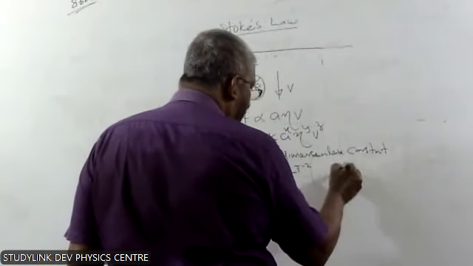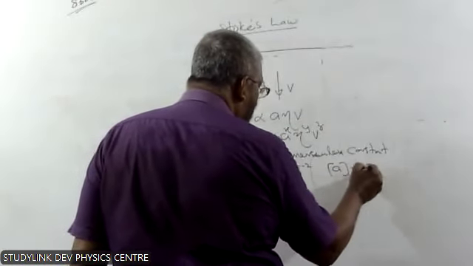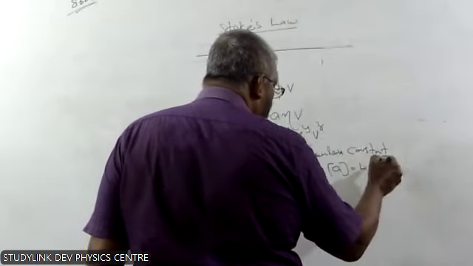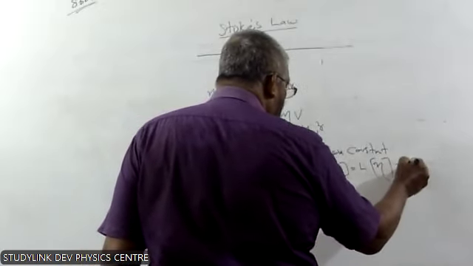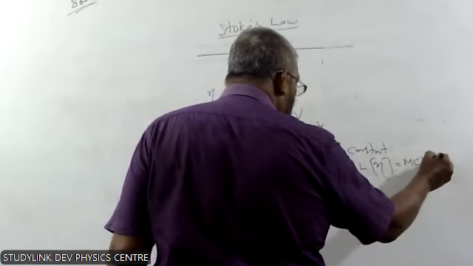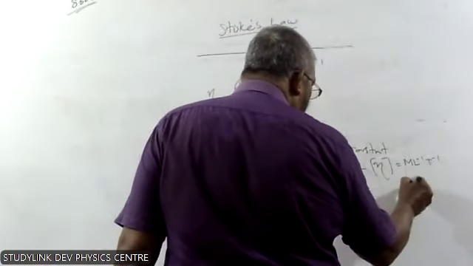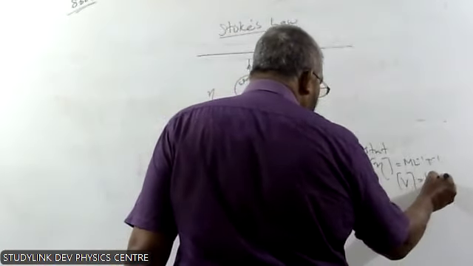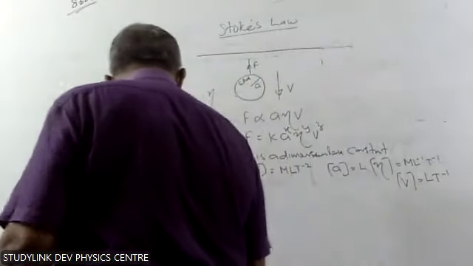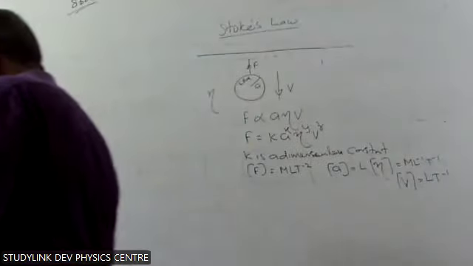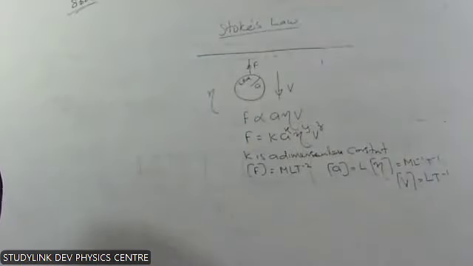Dimensions of A: L. Dimensions of eta: M L^-1 T^-1. And dimensions of velocity: L T^-1. So then we came up to dimensions.